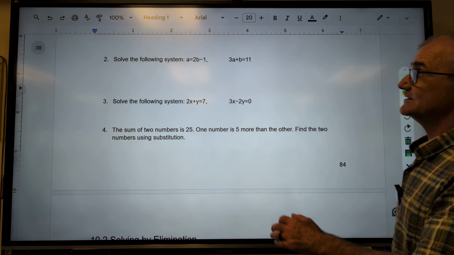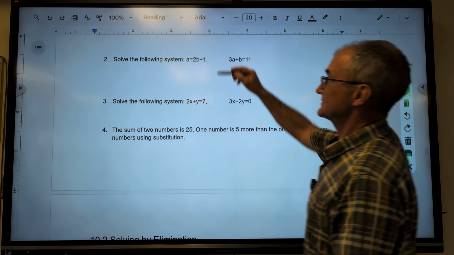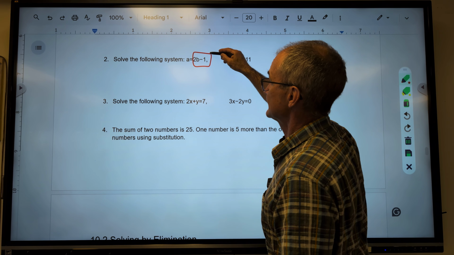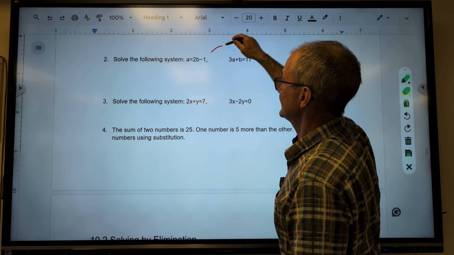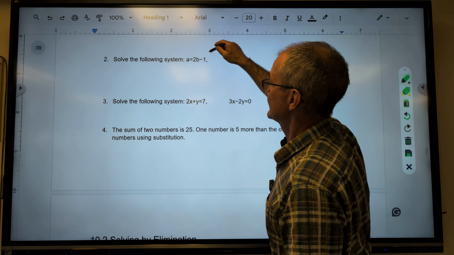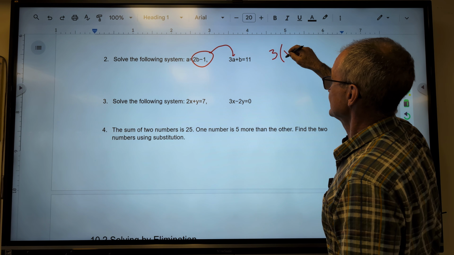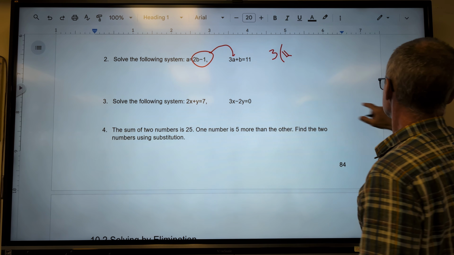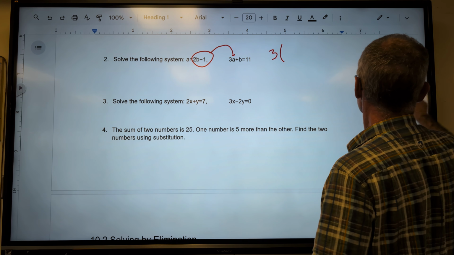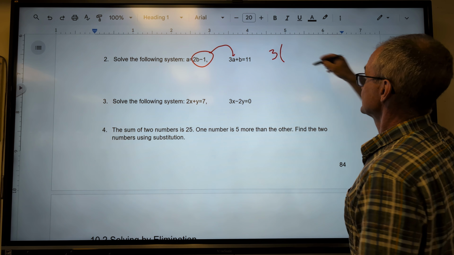So number 2. a is equal to this. Take that value and plug it in for a. So 3 times a, which is 2b minus 1.